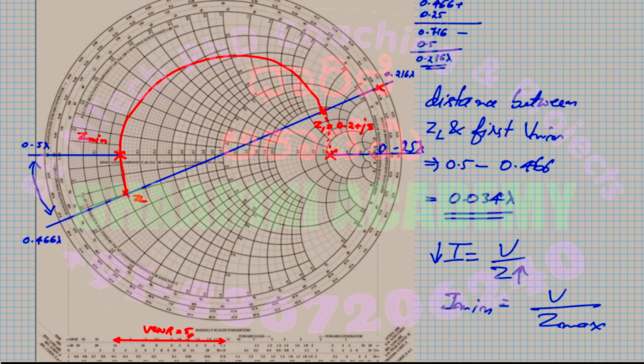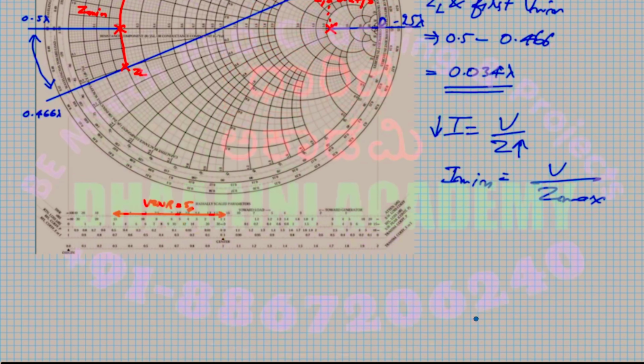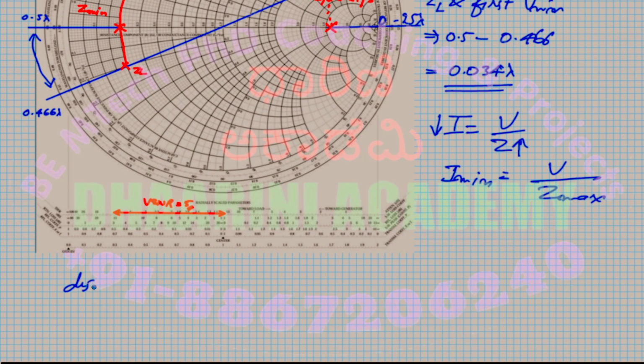I already know the distance from ZL to Z min is 0.034. The complete distance to this point is 0.25, because it's 0 to 0.25.